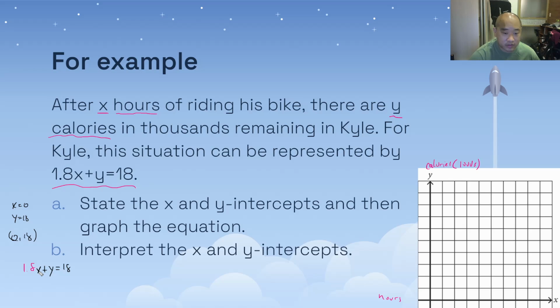If I put 0 into this, then 1.8 times 0 is nothing, and all we have left is y equals 18. Then we'll do y equals 0 and find what x is. If y is 0, then we have 1.8x equals 18. Divide both sides by 1.8, and x equals 10.